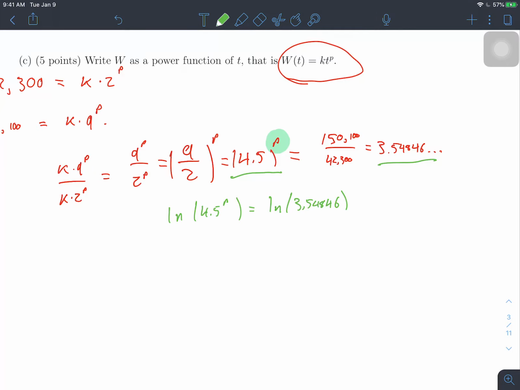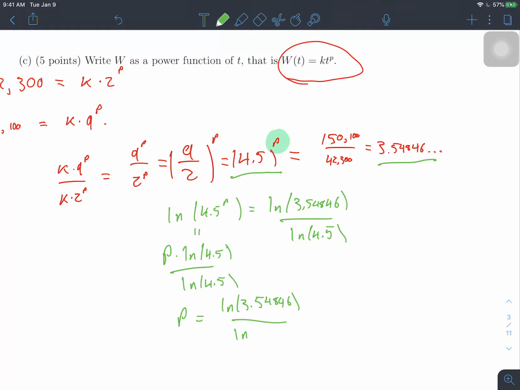And then we can rewrite this left-hand side as P times ln of 4.5 using the logarithm power rule. And now we can divide both sides by ln of 4.5, and we get P is equal to ln of 3.54846 over ln of 4.5.